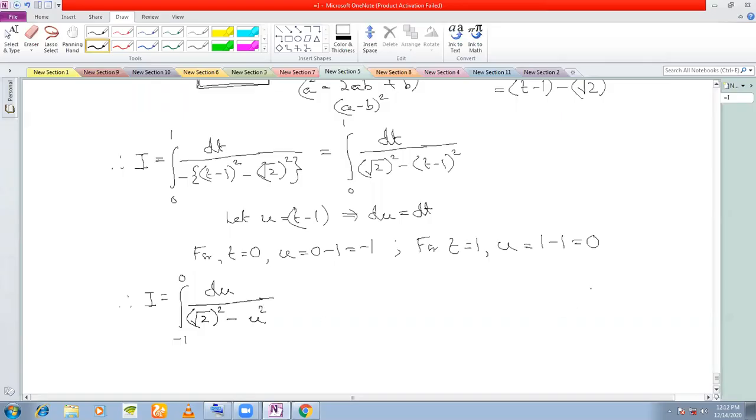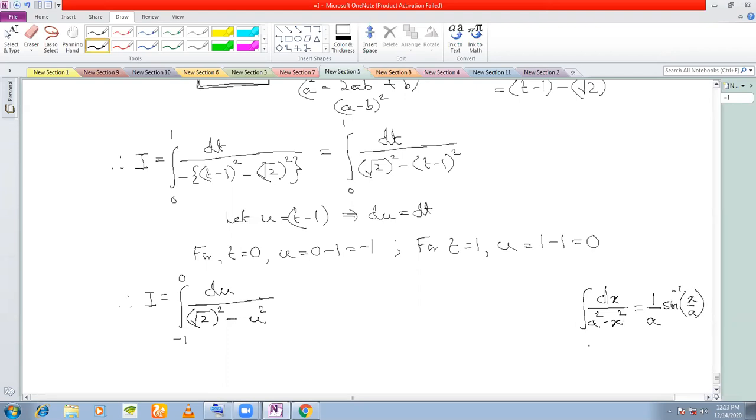If you remember this integral, dx by root of a square minus x square, what is this integral? I don't think I have discussed this, but anyway, it is 1 by a sine inverse x by a.